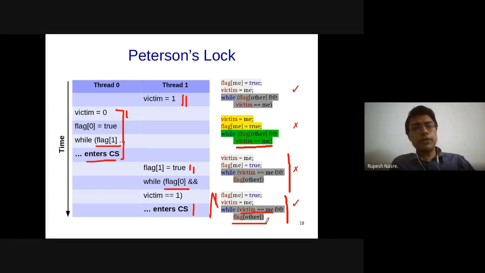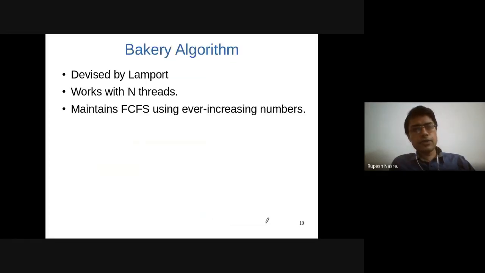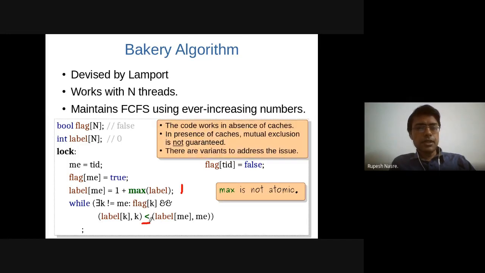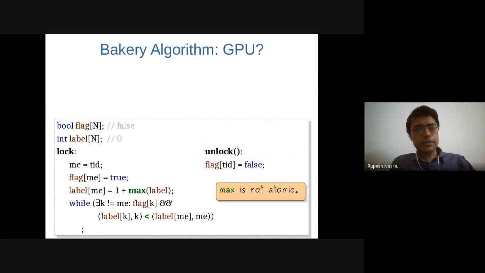Okay, so then we looked at the n-threaded case, which was our Bakery's algorithm. And there were some small variations in this, in the sense that max may be atomic, may not be atomic, and it will still work depending upon how you implement the less than condition. It also assumes that it's all volatile, and therefore there is no effect of caching here.